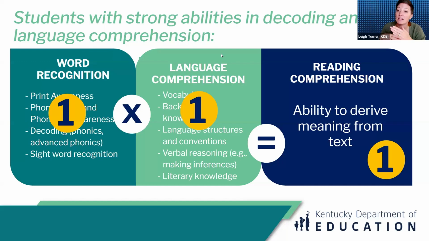And we went through a series where if we had a kid who had really strong word recognition, but only understood the language or the genre at about a half, then their reading comprehension would only be half. So I'm remembering that the simple view really is a multiplication symbol. We're going to dismantle this SVR, this simple view of reading, and we're going to turn it on its sides.